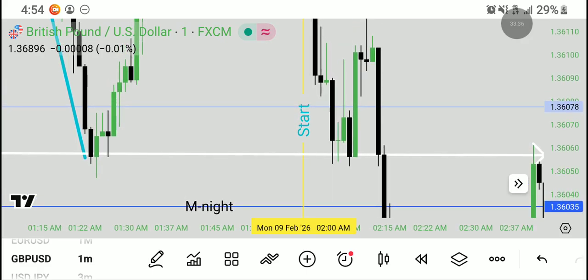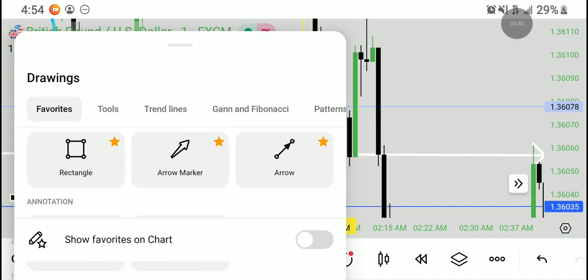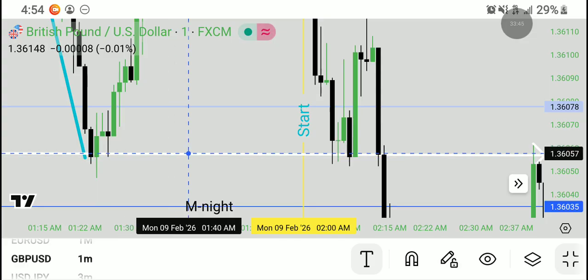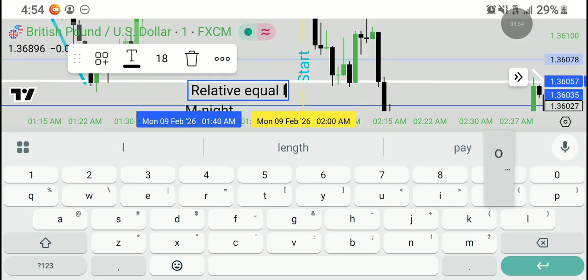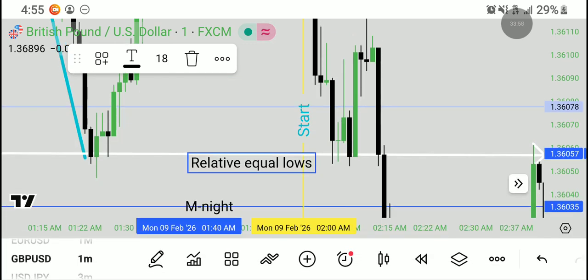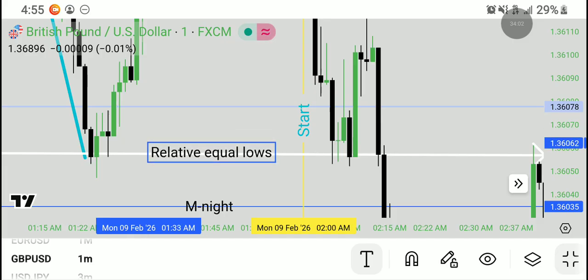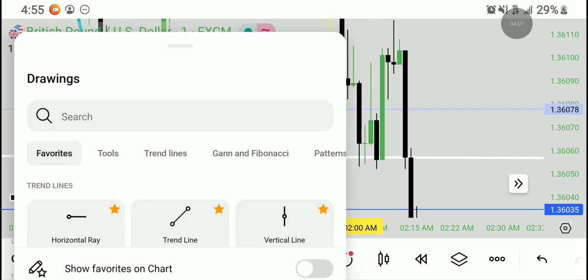You can see it here again. Relative equal low. You can still see here.